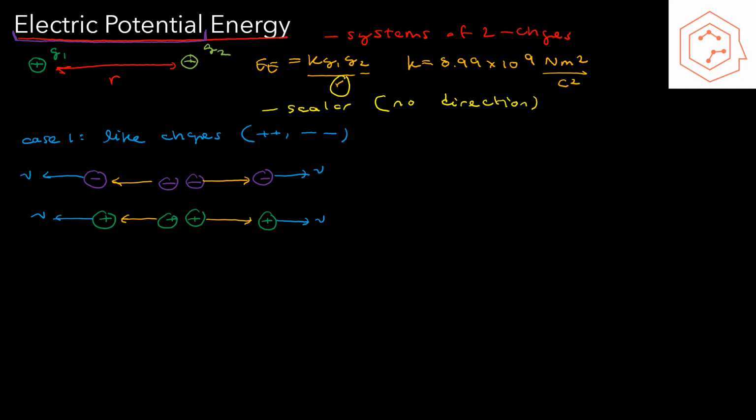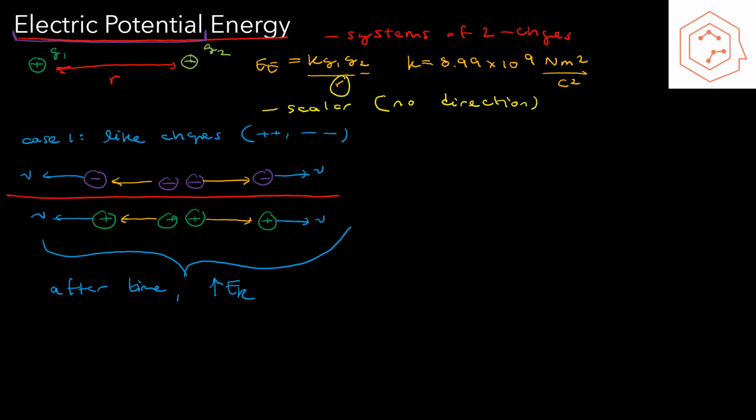What this means is after some amount of time, they will have some kinetic energy. Each system will have some kinetic energy. And these systems are isolated, so the negatives and positives do not attract each other.